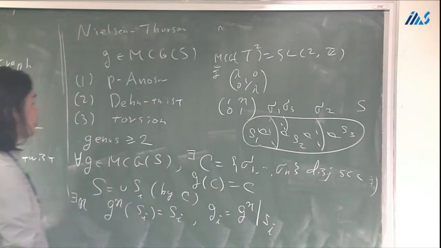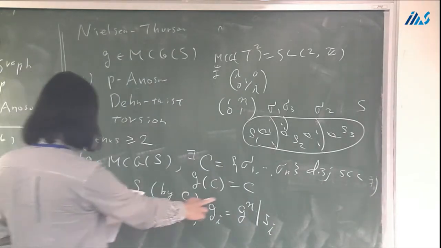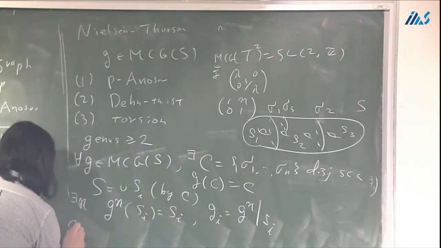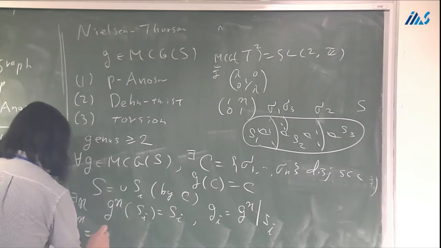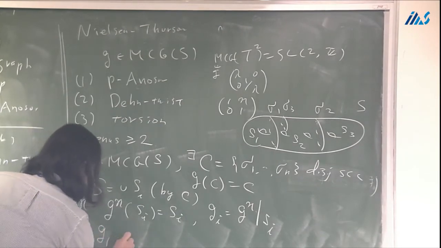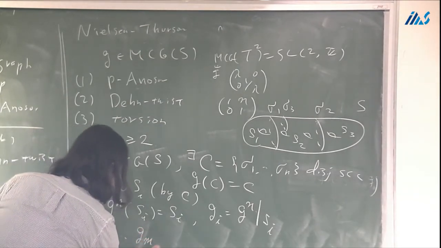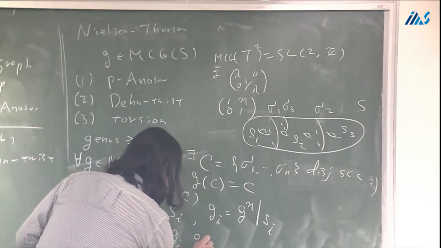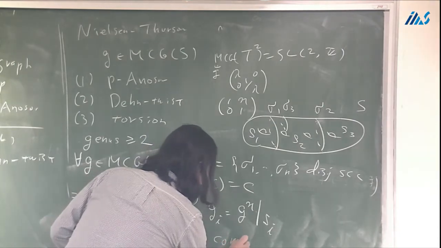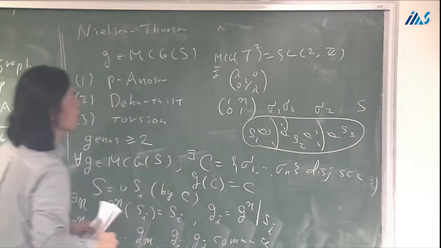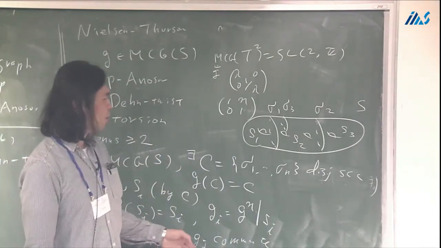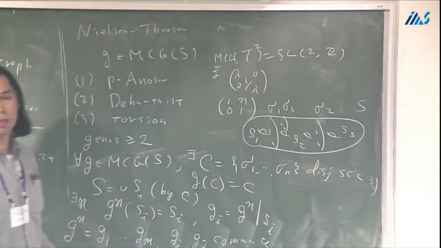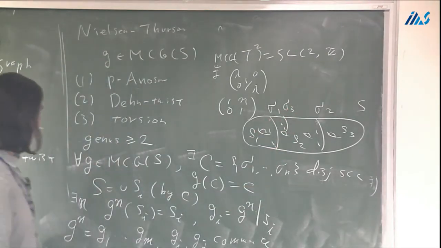If I restrict G^n to each subsurface and get G_i, then G^n is written as a product of those, say M, and then G_i and G_j commute, because different ones have disjoint supports, so therefore they commute.